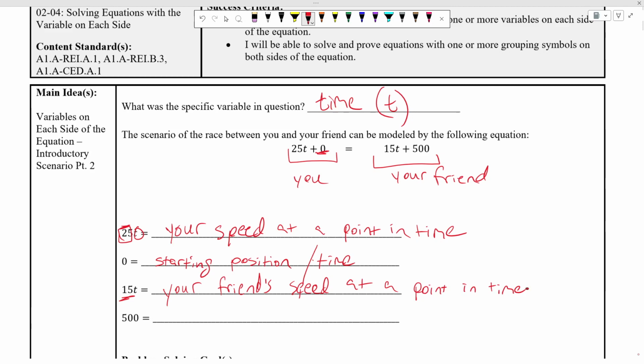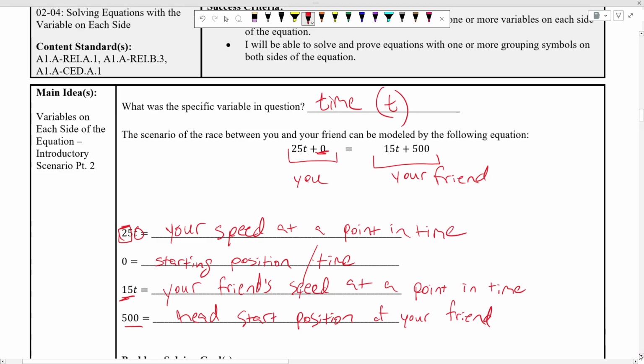Okay, that makes sense. And then this 500, well, that 500 represents the head start that your friend was given. The head start position of your friend. Okay, that's perfect.